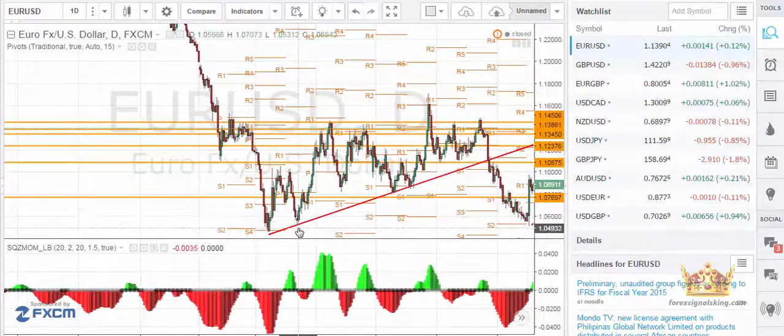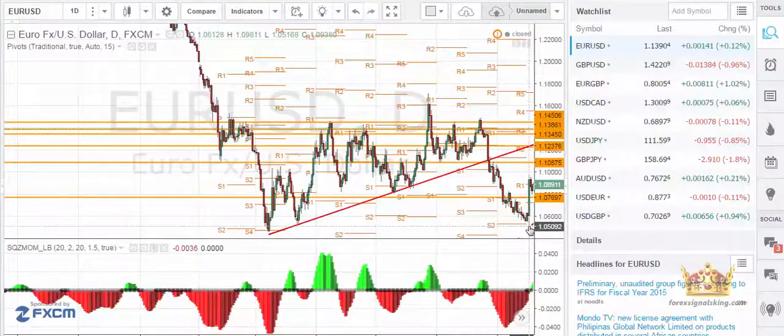You can see it didn't break lower than this area, the point of its formation. This can give you some idea about the old trend. It's somehow not going to be lower than this.